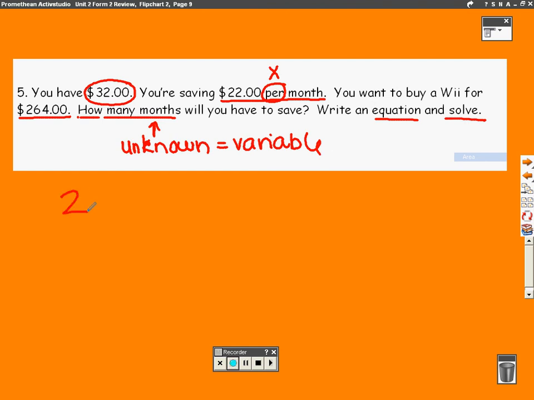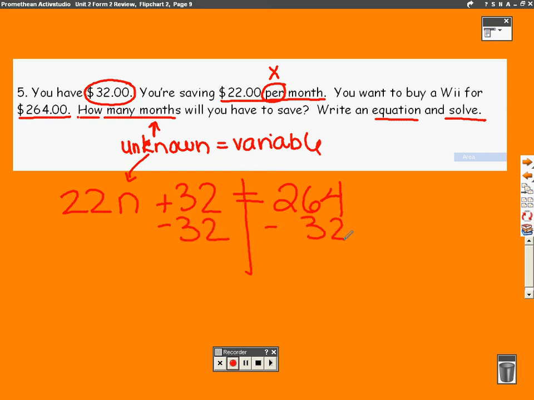So if it's $22 per month, and the month is unknown, we'll make that n. We already have $32, and we need a total of $264 to buy the Wii. If we go ahead and solve the problem the way we've been solving it before, we'll get 22n is equal to $232.